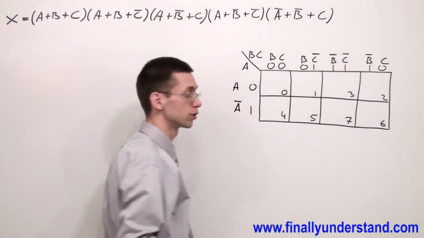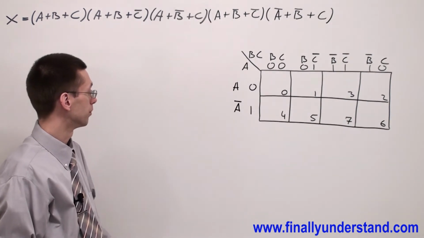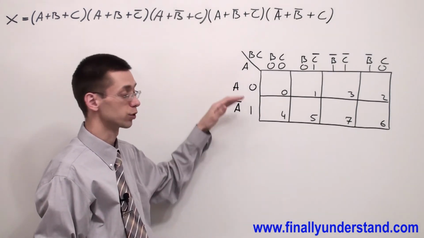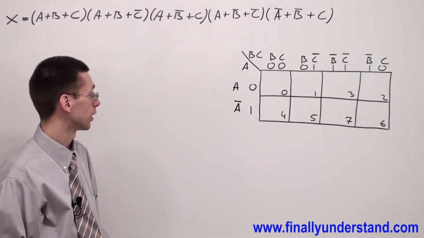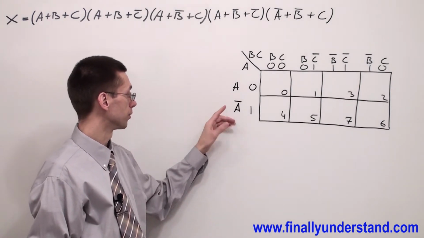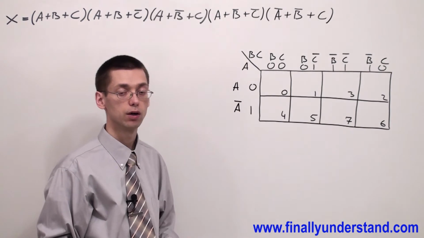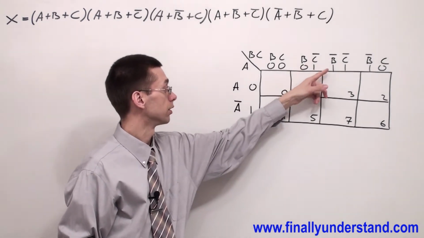You remember with SOP we wrote the bar over the variable which was next to 0 or over 0. If it comes to POS, we are going to draw the bar over the variable which is next to 1 or over 1.